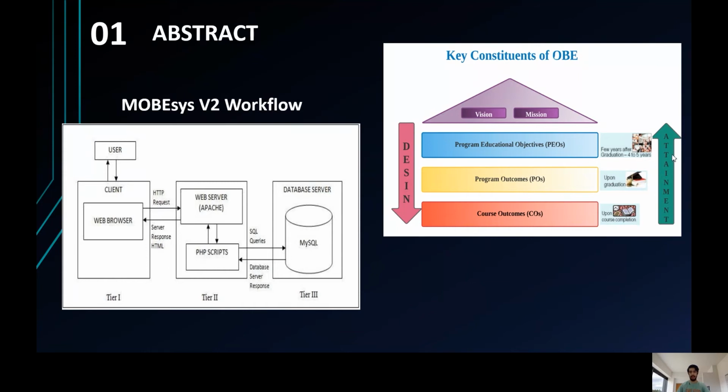Following the green arrow, as we can see, the student will start from the bottom to the top. So the course outcomes are what the student will achieve upon course completion, and the program outcomes are the overall goals they will achieve when they graduate, and the program educational objectives they shall achieve a few years after their graduation.